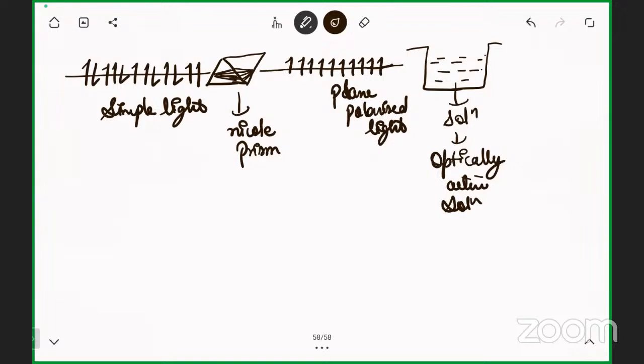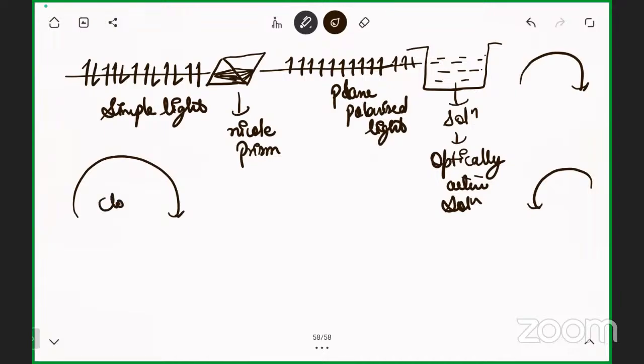When passed through it, the light either rotates right side or left side. Two possibilities are there. If it rotates clockwise, we say this compound is a dextrorotatory compound.